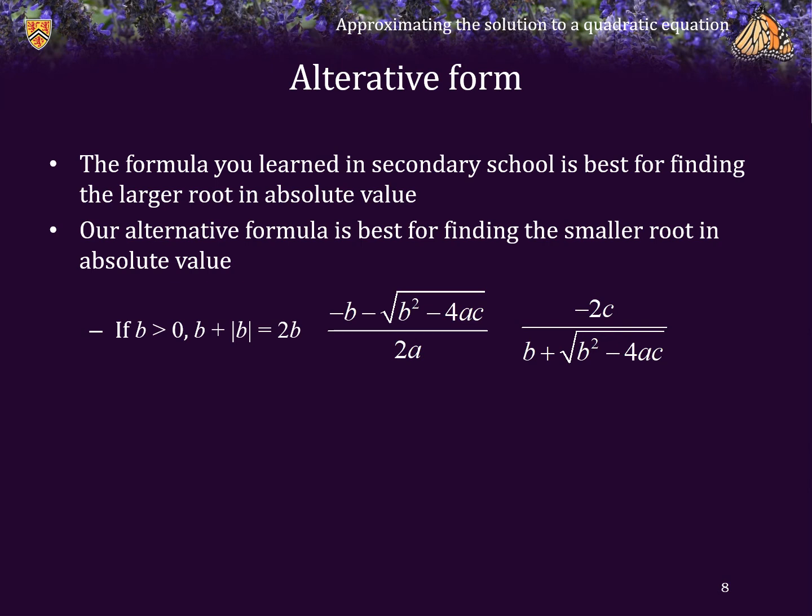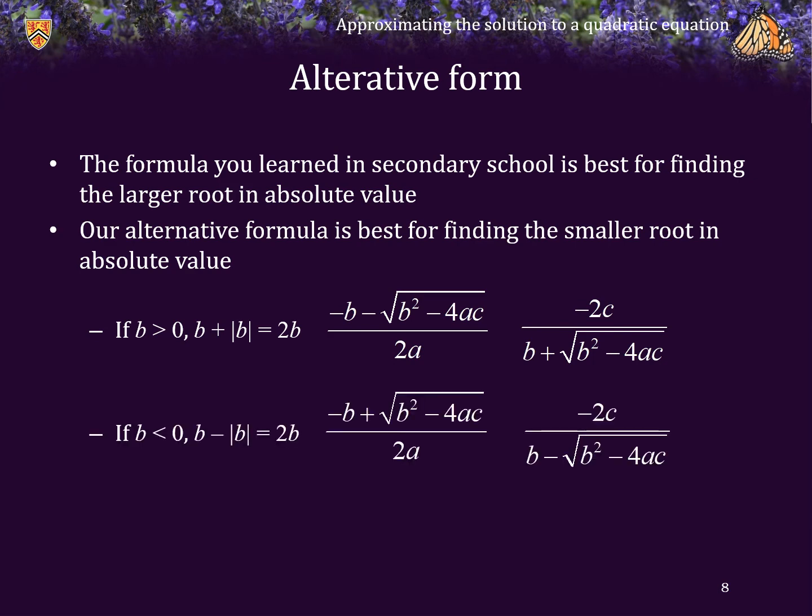Alternatively, if b is greater than 0, then b plus the square root of the discriminant is going to be a positive number plus another positive number, which will make the denominator a very large positive number, which will therefore give us the smaller of the two roots using the formula on the right.